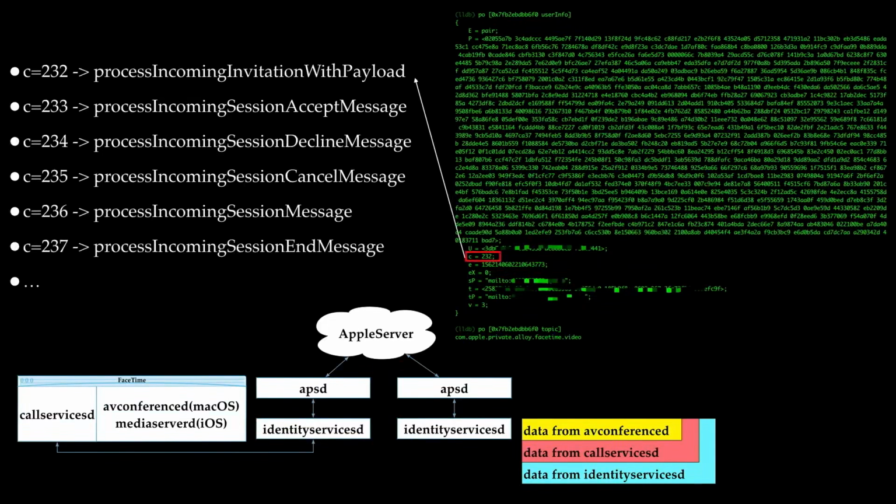The value of key C is the most important. It indicates which function will be invoked to handle this notification. As in white, the C is 232. So the notification will be handled by the function processIncomingInvitationWithPayload.